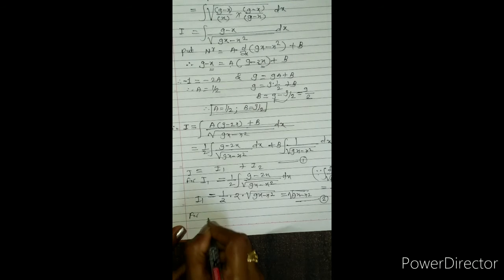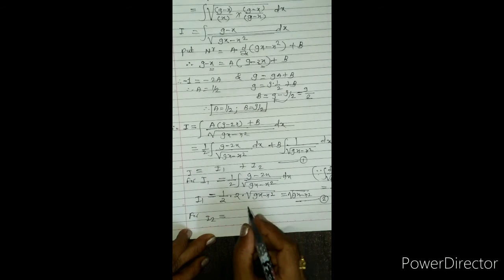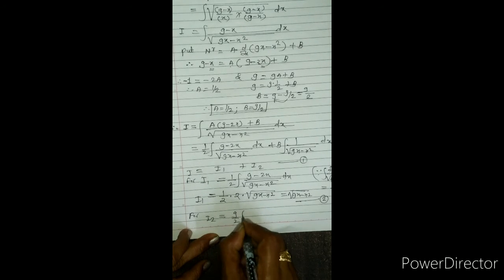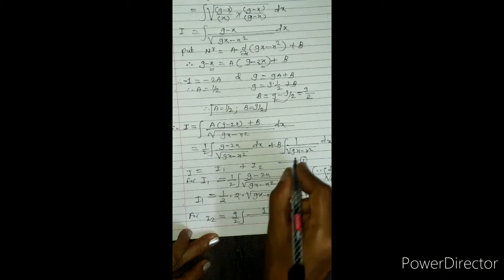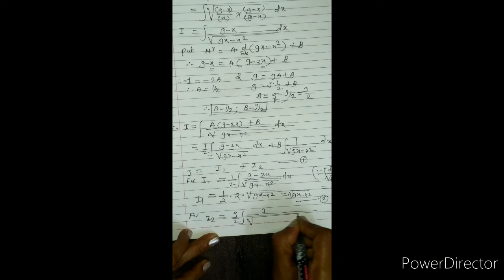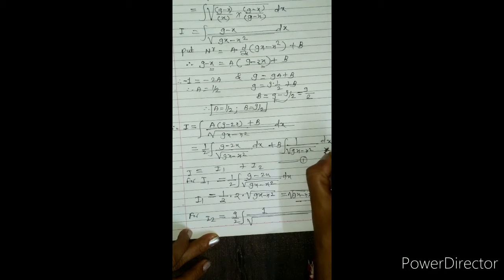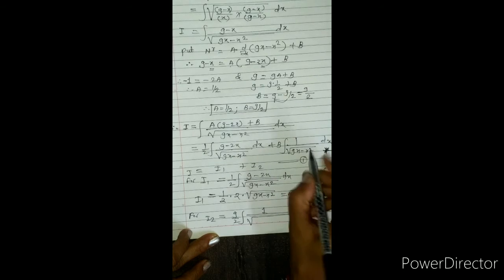Now for I2, that whole integral is taking the value of b as 9 by 2, integral 1 upon. For this we take an adjustment. First of all, for this type of integral, we look at the coefficient of x square, the square term.